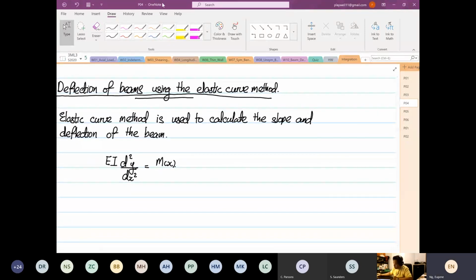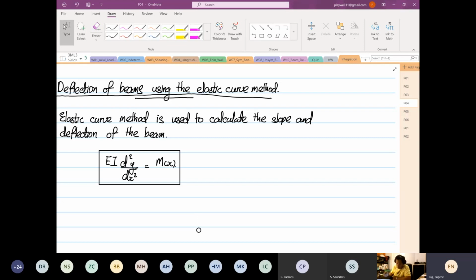Again, I'm not going to derive this, it will take me another half an hour. I'd rather go into application for you and analyze how to use this equation, what the operating boundaries are and when to use it. And this is a really powerful technique together with the integration method to solve statically indeterminate structures.